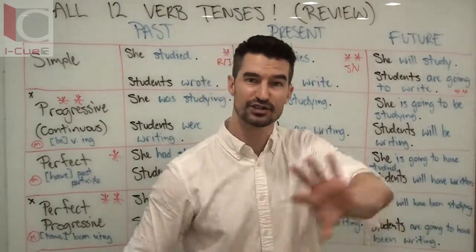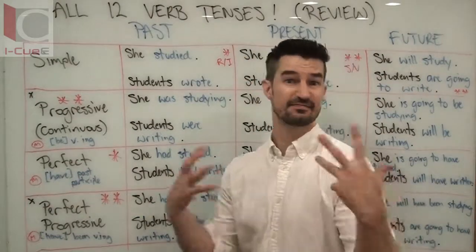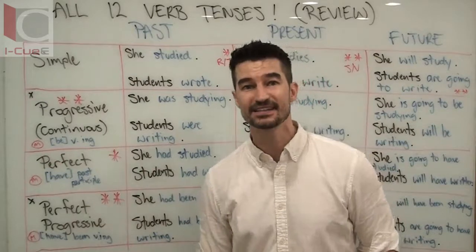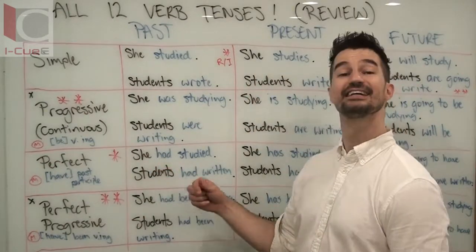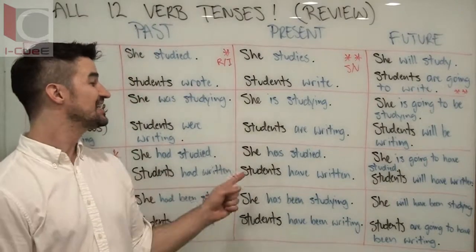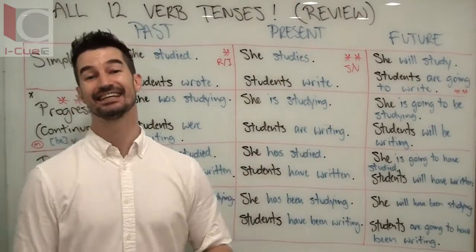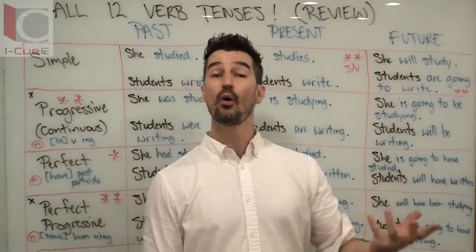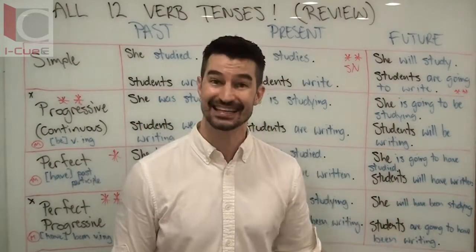Links below or to the side or in our lists. Just find the links if you don't know. Past perfect. She had studied. Present perfect. She has studied. Future perfect. She is going to have studied.